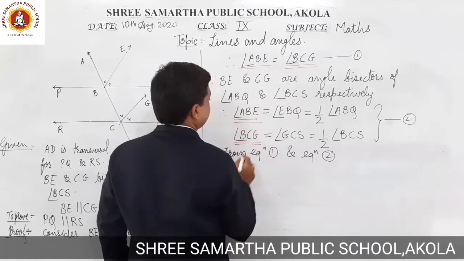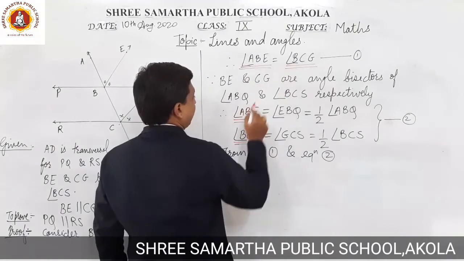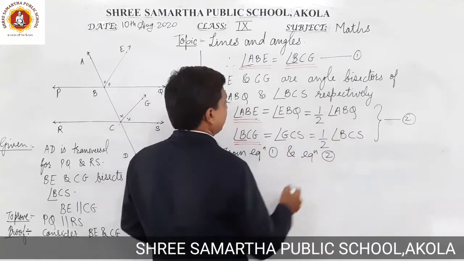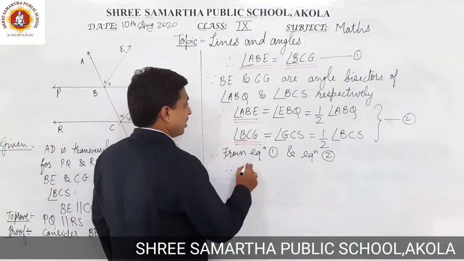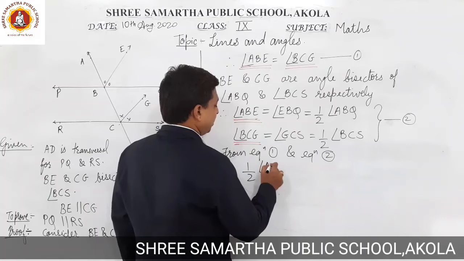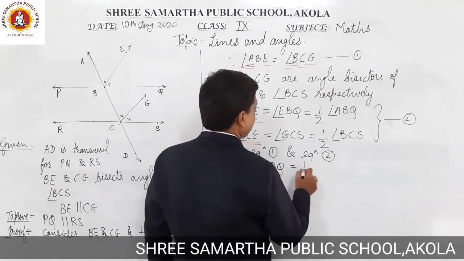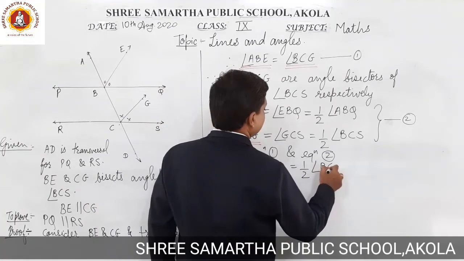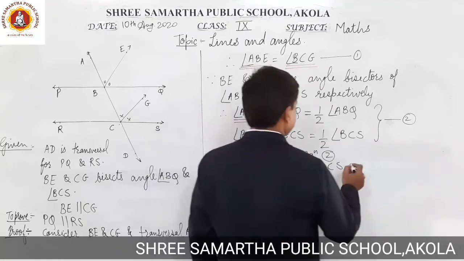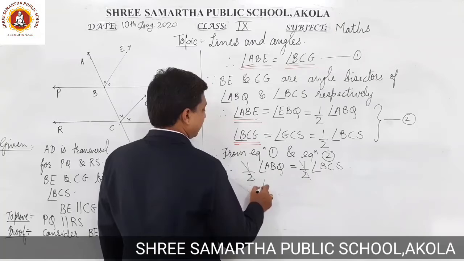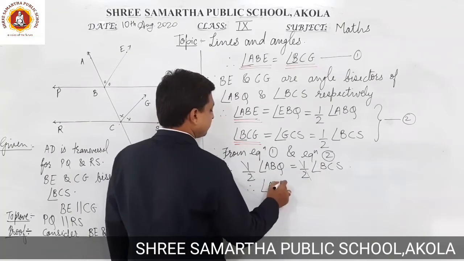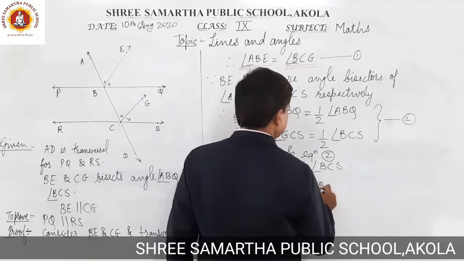These two are equal, so these two quantities will also be equal, and therefore we get half of angle ABQ is equal to half of angle BCS. Now this half will get cancelled, therefore angle ABQ is equal to angle BCS.